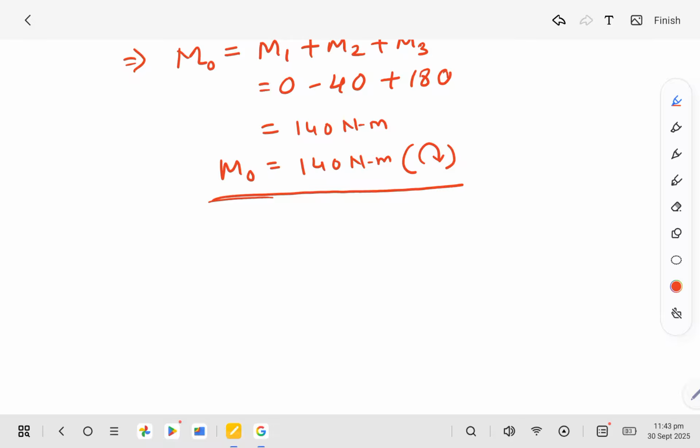Now we can use the concept of moment to solve one problem.